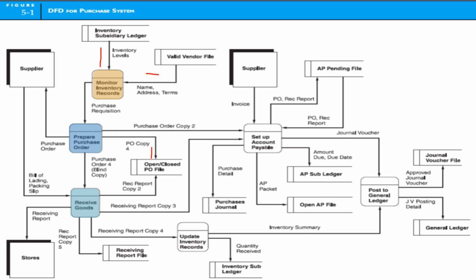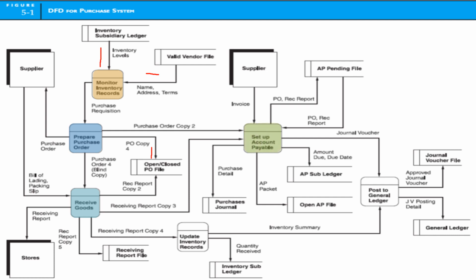Then the copy of the receiving goods report will be sent again to the open and closed file, and one copy will be sent to the set up accounts payable process, and one copy will be sent to the receiving report file for archiving, and one report will be sent to the stores.